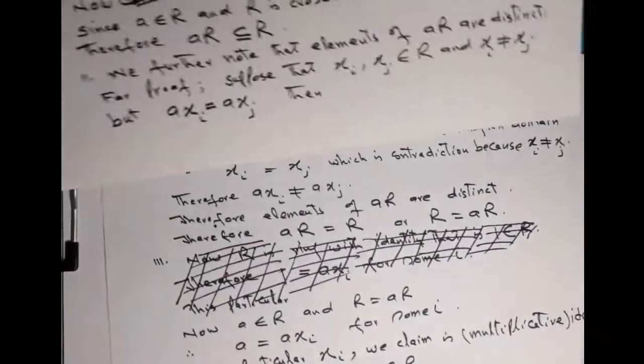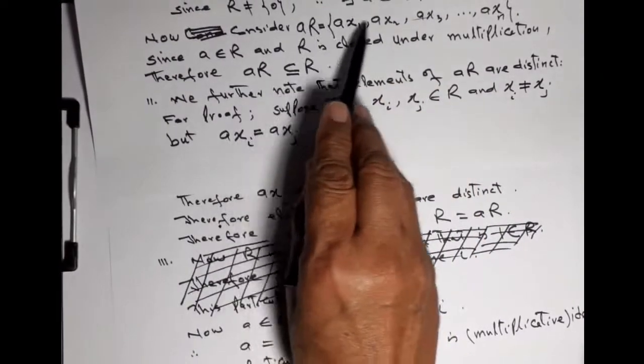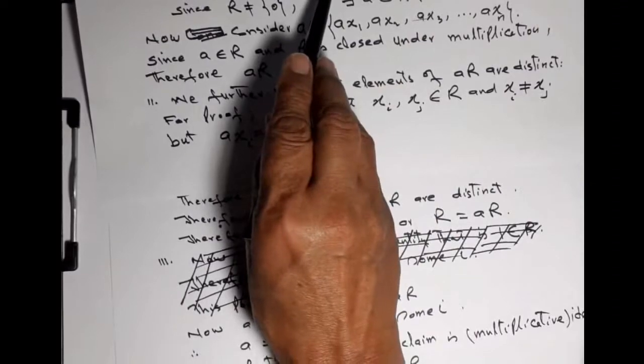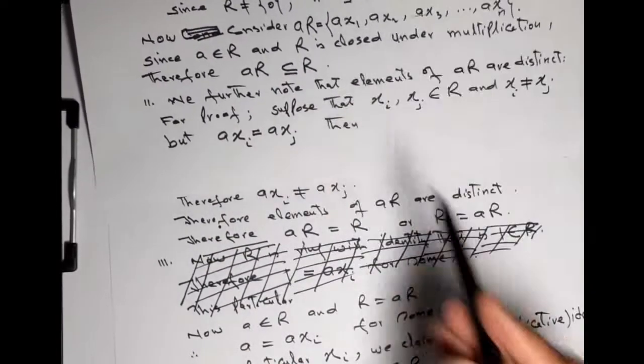Now let me show you again. Y belongs to R and this R is equal to this AR. So Y has to be something like A into x1 or x2, say xj.